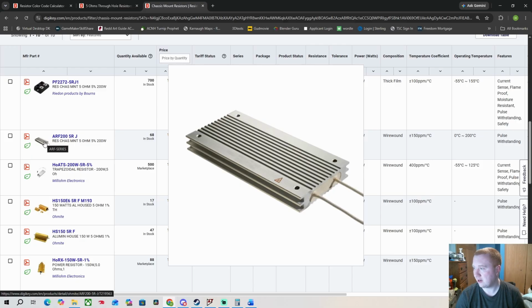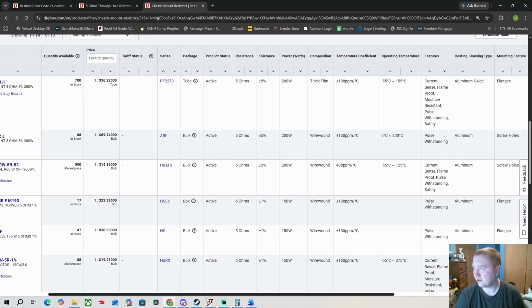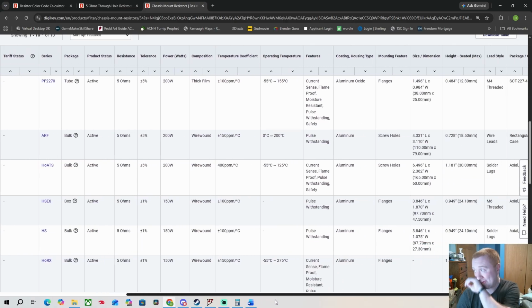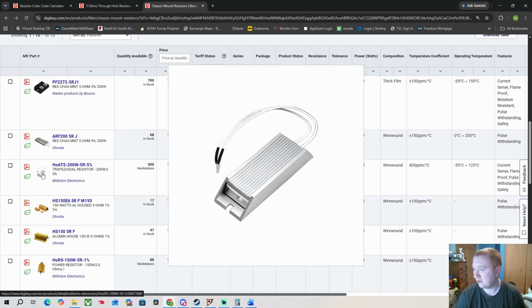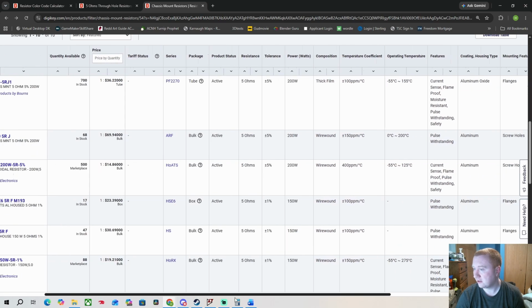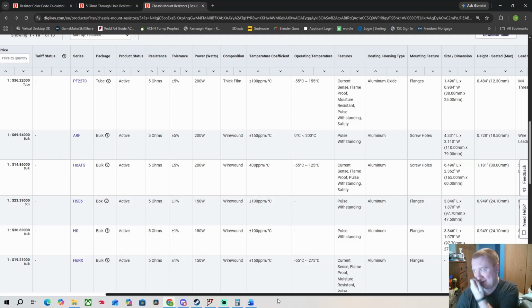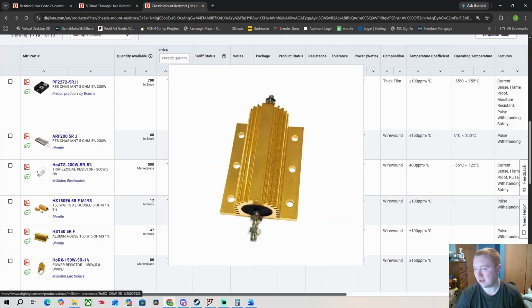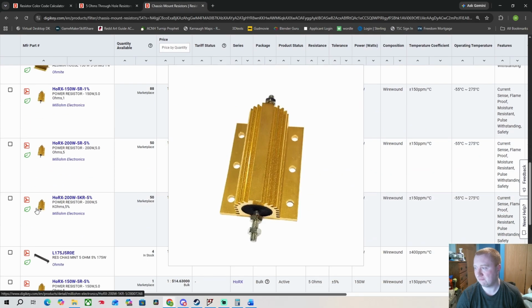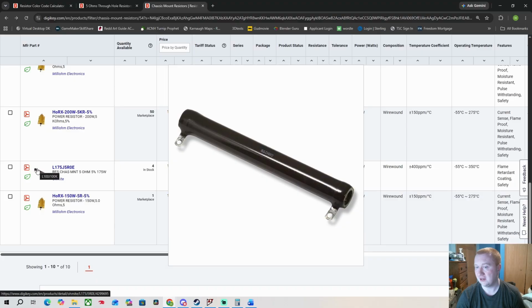This one right here measures 4.3 inches by 3.1 inches. It's huge. This one measures 6.5 inches by 2.36 inches. Massive. So basically you're going to have chunky, big resistors in order to handle that much power.